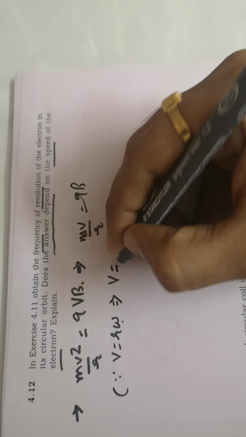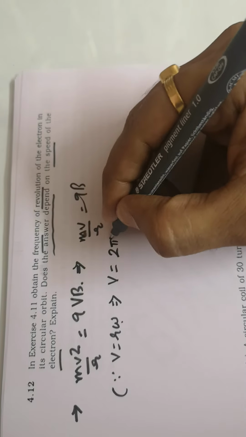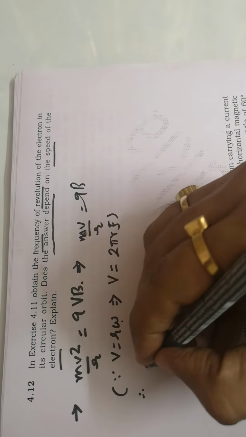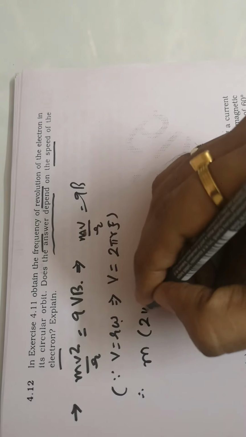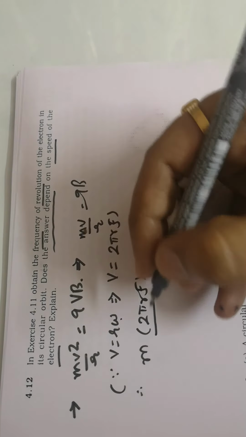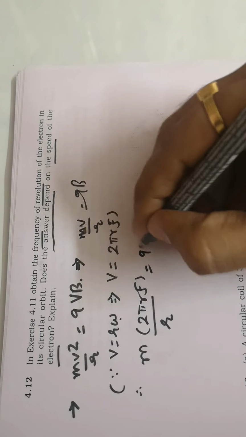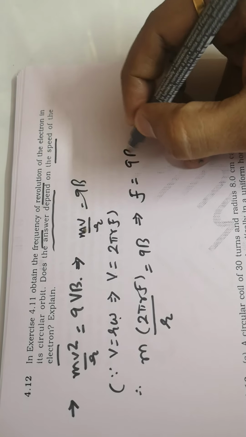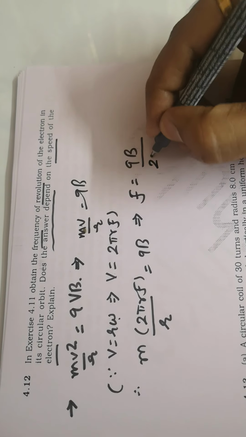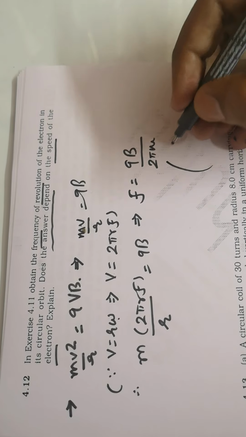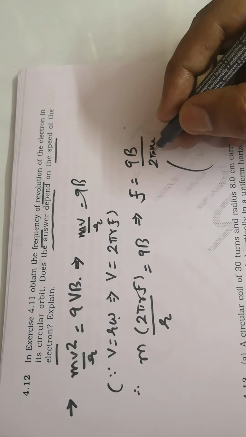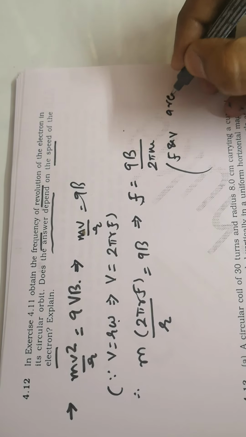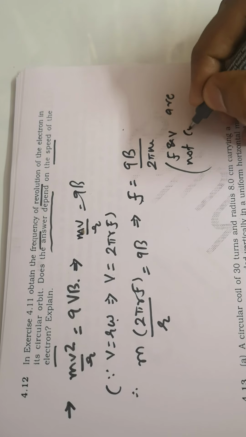So I can say that v equals 2 pi rf. Putting this in the above expression, 2 pi rf divided by r equals qB. So my equation for the frequency is f equals qB divided by 2 pi m. There is no relationship with the velocity, so you can say that f and v are not correlated.